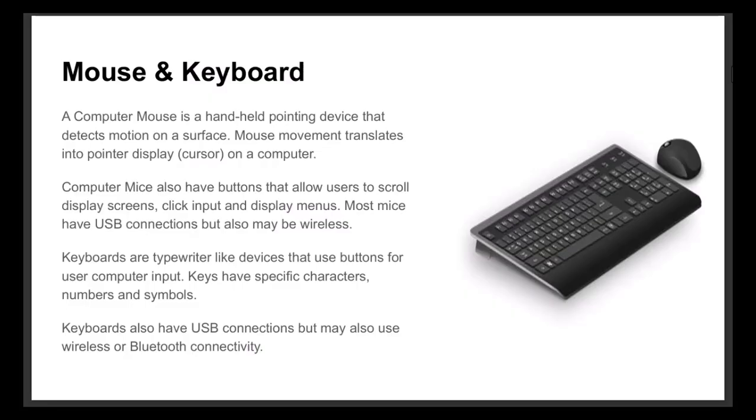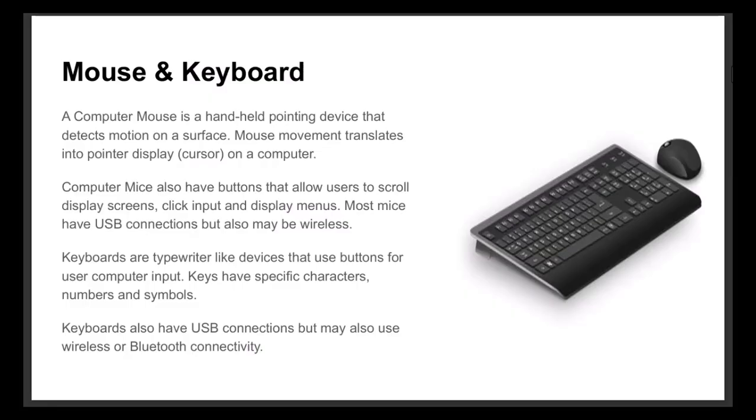Many of your computer mice can connect to the computer through a USB Type A connection, and Bluetooth mice are also available, which allow the mice to connect to the computer using a wireless Bluetooth connection.